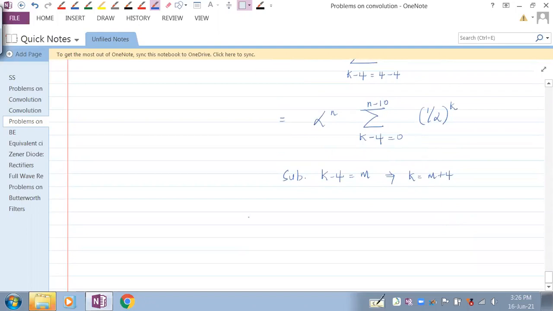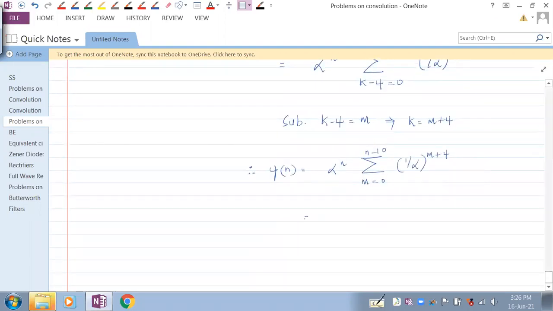Therefore, our y of n would look like alpha power n summation m ranging from 0 to n minus 10, 1 by alpha to the power m plus 4, because k is m plus 4. If this k minus 4 is m, this k would be m plus 4.